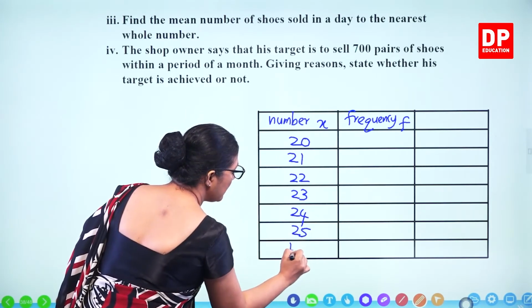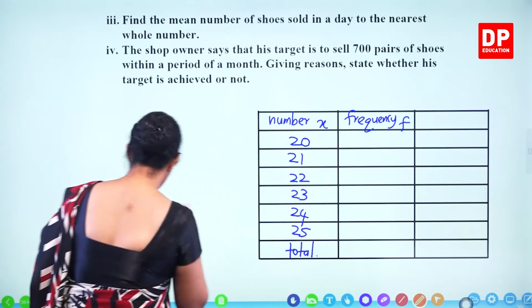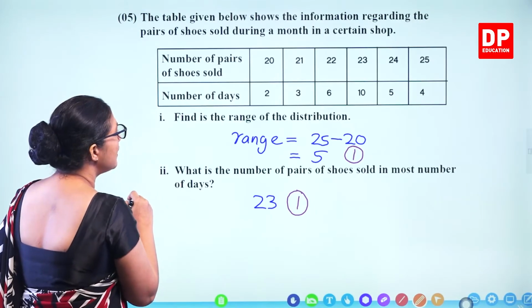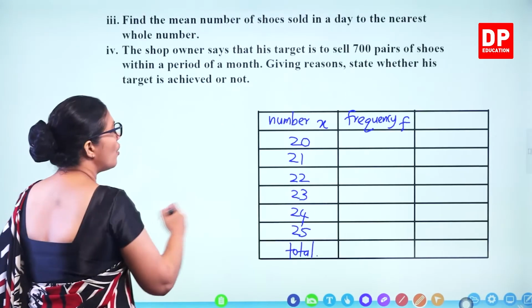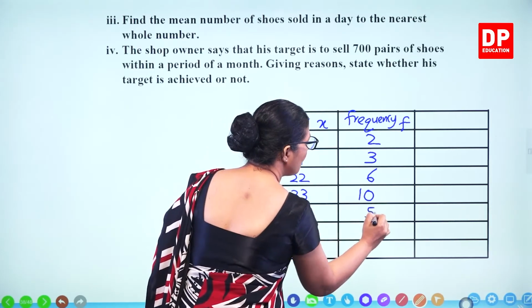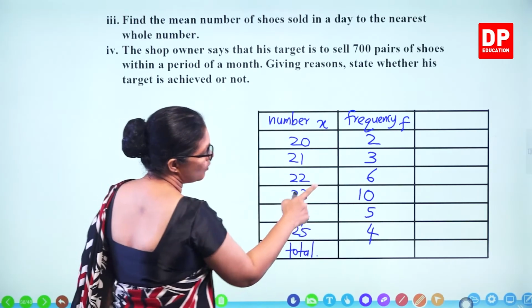And then the total. So what are the frequencies? 2, 3, 6, 10, 5, 4. What's the total?